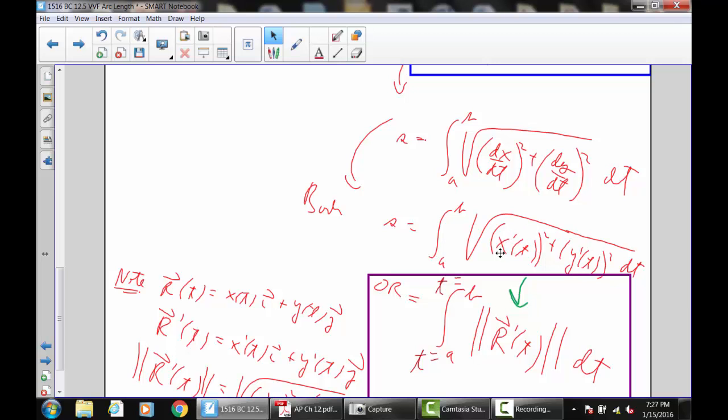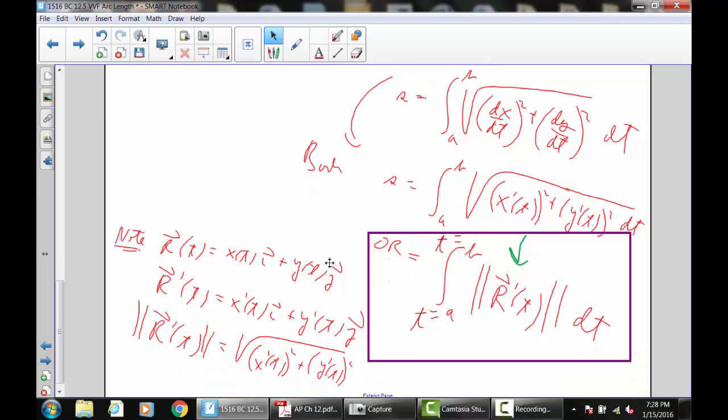So if r of t is x of t i plus y of t j, r prime of t is x prime of t i plus y prime of t j. So it just happens that this is the magnitude of the derivative of the vector valued function r of t. And again, here it'll be from t equals some value to another value. And these will be real numbers.